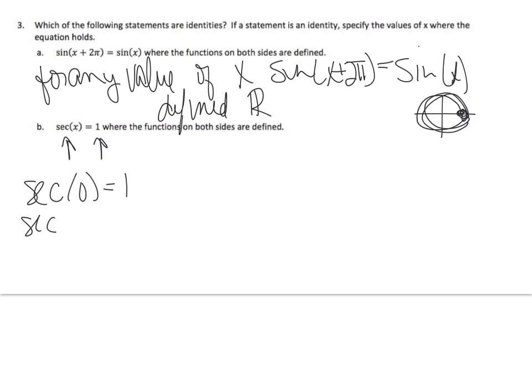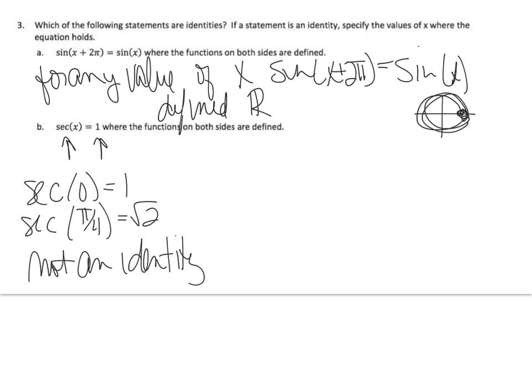If we look at secant of pi over 4, an easy one, we get the square root of 2. Therefore, not an identity. The instructions say, if the statement is an identity, specify the values of x where the equation holds. So it's not an identity, and we can be done.